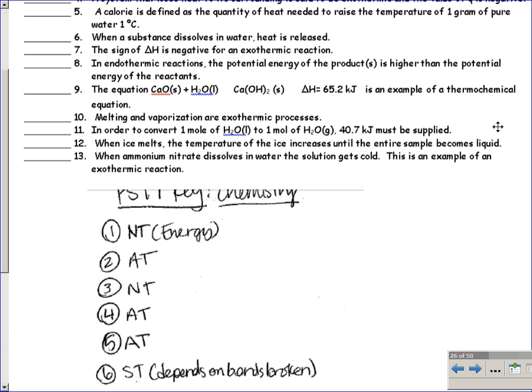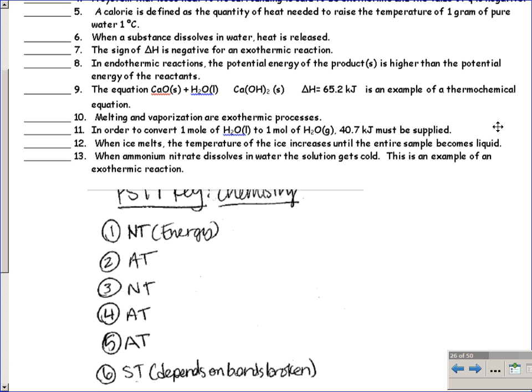That actually is equal to 40.7 kilojoules per mole if you were to convert. That's why sometimes they'll give it to you in grams, sometimes in moles. So that's an always true. It could be sometimes true if you're thinking about it in terms of joules per gram.